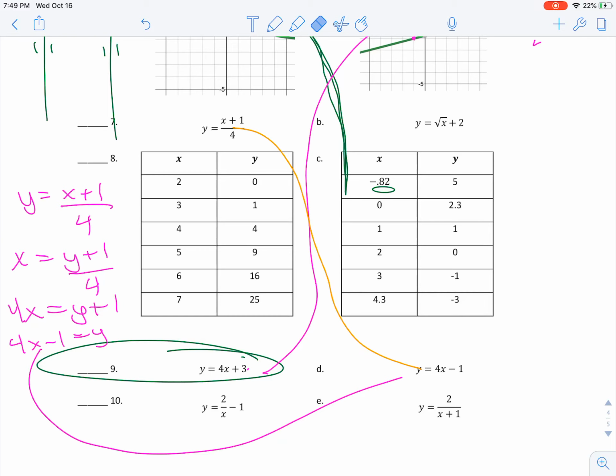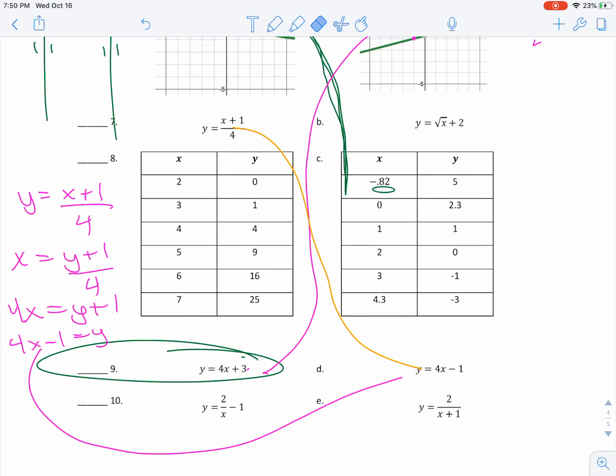So I'm going to check out this table here and hope that it is going to match with something. Although I now notice that I have two equations that might match up with one another. Let's see here. I'm going to do it that way.